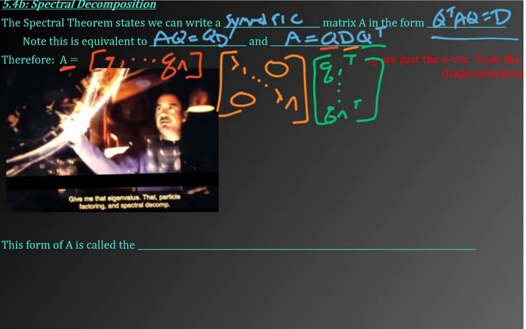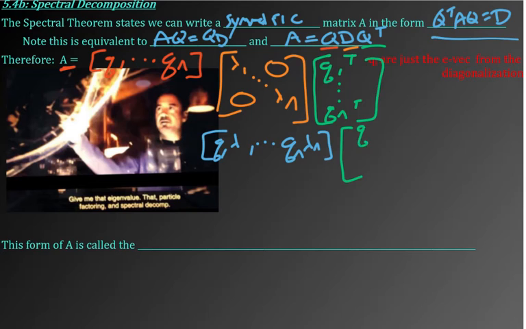So I'm going to rewrite A using just matrix multiplication. If you multiply these two first, let's see, what would you get? You get Q1 lambda 1, and then Qn lambda n, because of matrix multiplication.